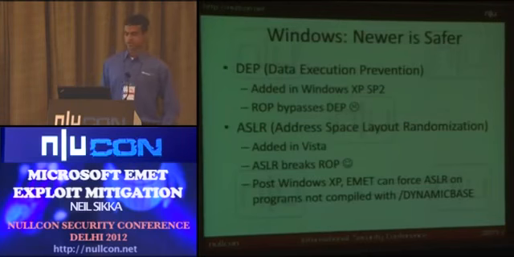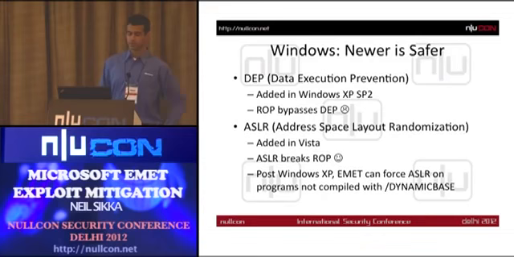Okay, so as I've been saying throughout the presentation, newer Windows is safer. For a progression of security mitigations that we've added to newer versions of Windows, we have DEP, which was introduced in Windows XP Service Pack 2, and attackers used ROP to get around DEP, and that's a sad face because that's bad. And then ASLR was introduced to break ROP, and that was added in Vista, and that's a happy face because that's good.